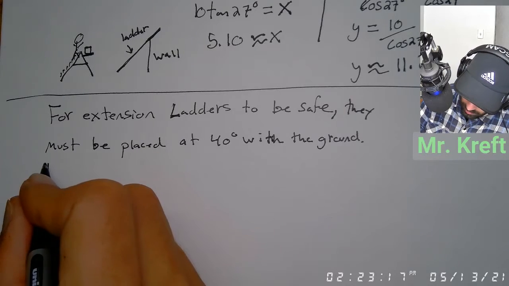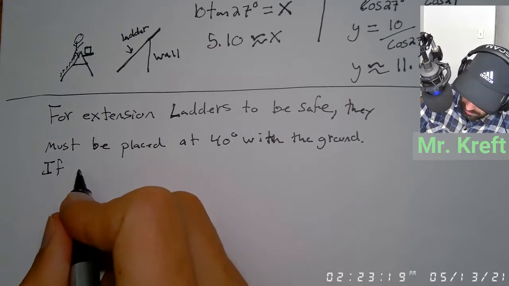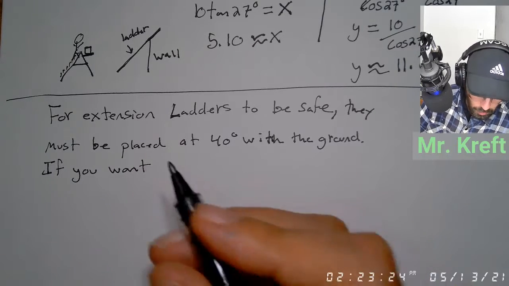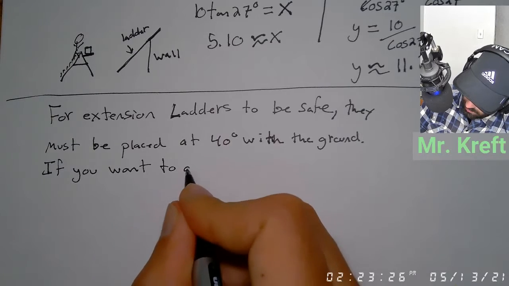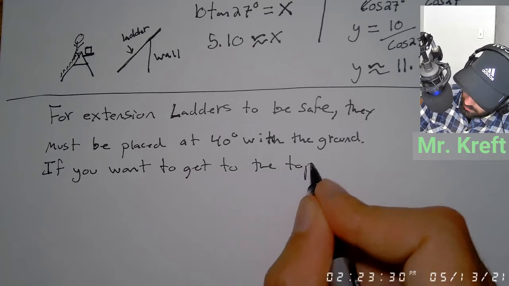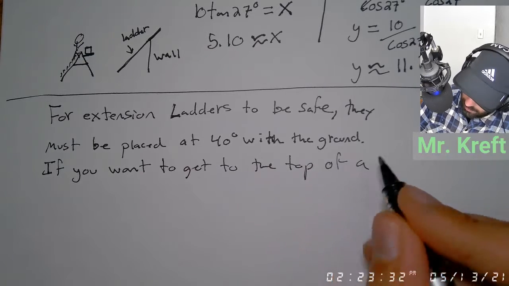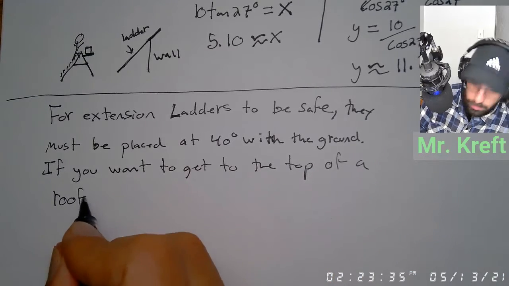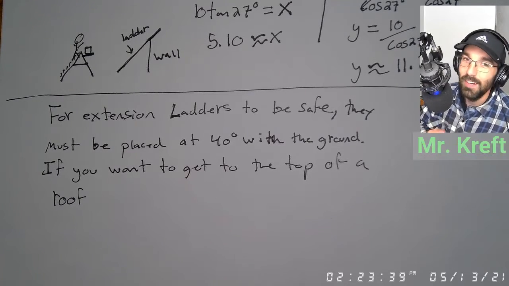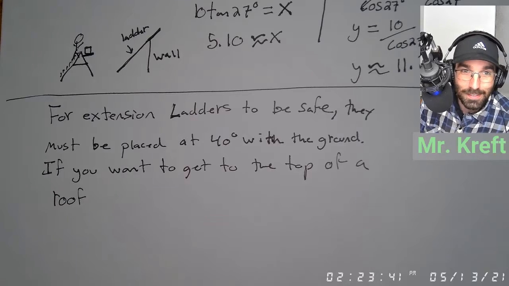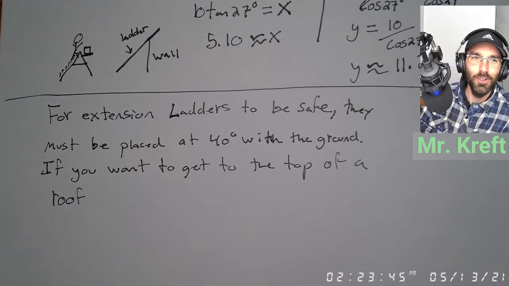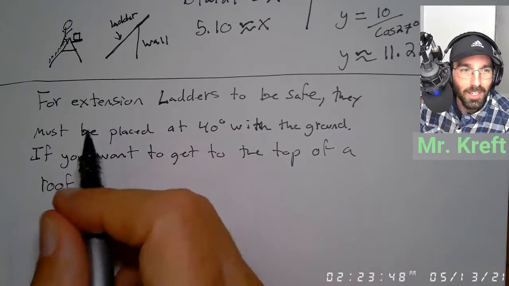So in my case, if you want to get to the top of a roof, in this case it was my roof, right? It'd be weird if you just took a ladder with you and got on other people's roofs. And it's not just weird, that would be illegal. That'd be trespassing. So don't be like, well, my math teacher says to go get a ladder and get on people's roofs.